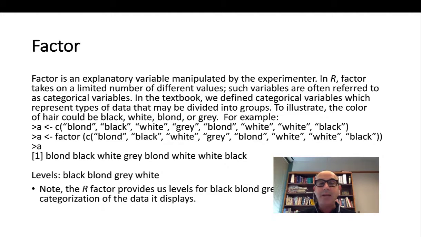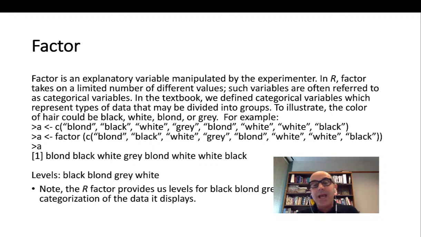Factor is, again, the idea of the ability of manipulation. In R, a factor takes a limited number of different values, such as variables that are often referred to as categorical variables, and in the text we define categorical variables which represent a type of data that may be divided into groups.